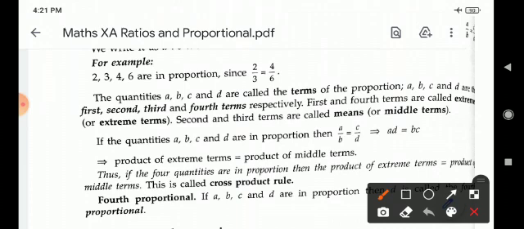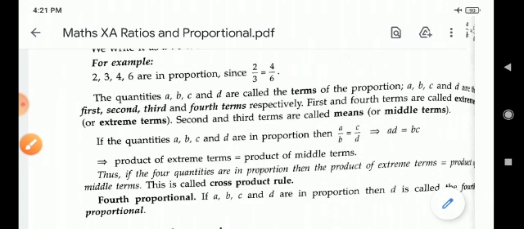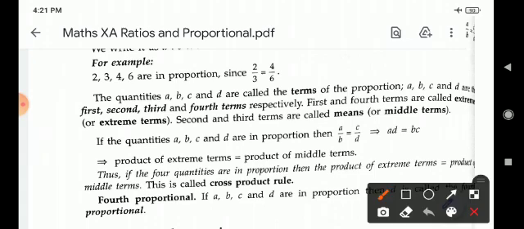Second and third are called mean or middle terms.